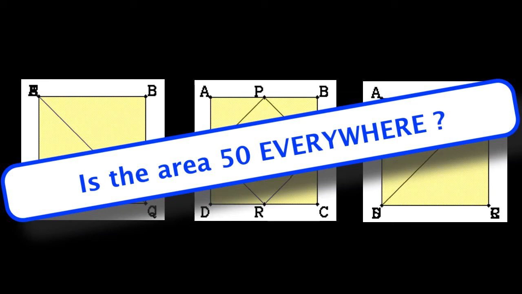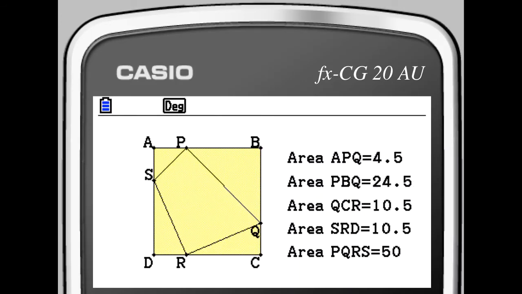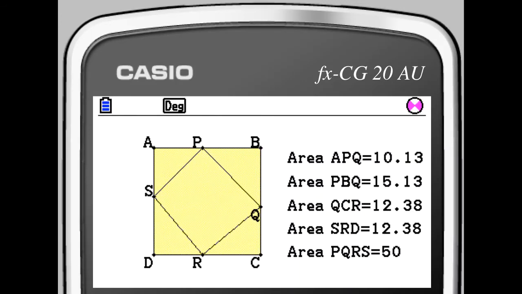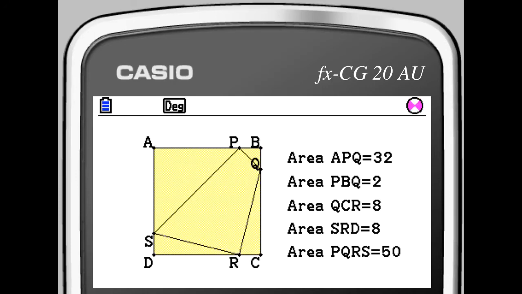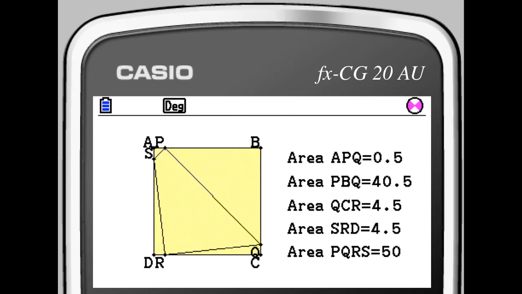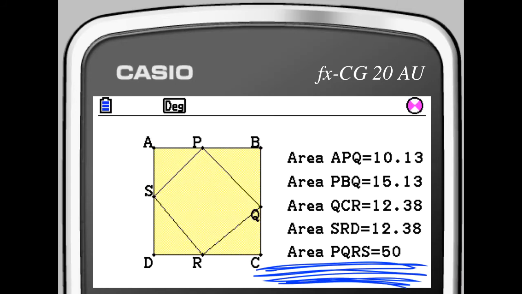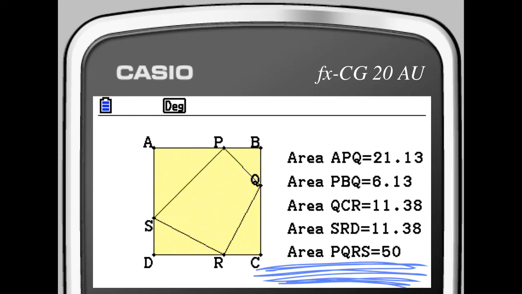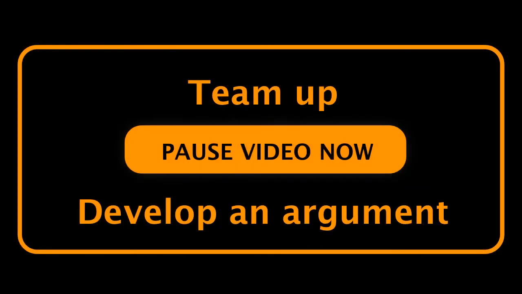Your job now is to develop an argument that would convince the pickiest of people that no matter where you locate point P on side AB, the area of the resulting quadrilateral is equal to half the area of the square. It seems that the calculator thinks this is true. Team up with two people and give it a shot.